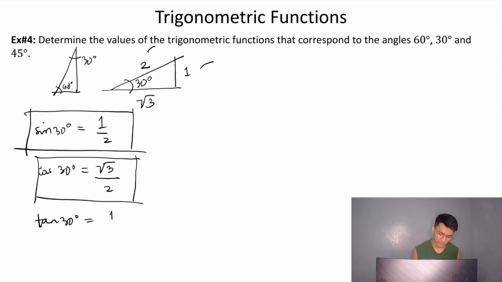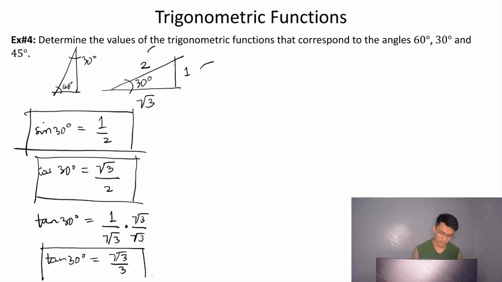Opposite is equal to 1 and adjacent natin is equal to square root of 3. We have a radical on the denominator, so therefore, we should rationalize the denominator. And by rationalizing, we multiply the numerator and the denominator by the square root of 3 para makancel yung ating radical sa denominator. Tangent 30 now is equal to square root of 3 over 3 na lang. Ito po ang ating tangent 30 degrees.